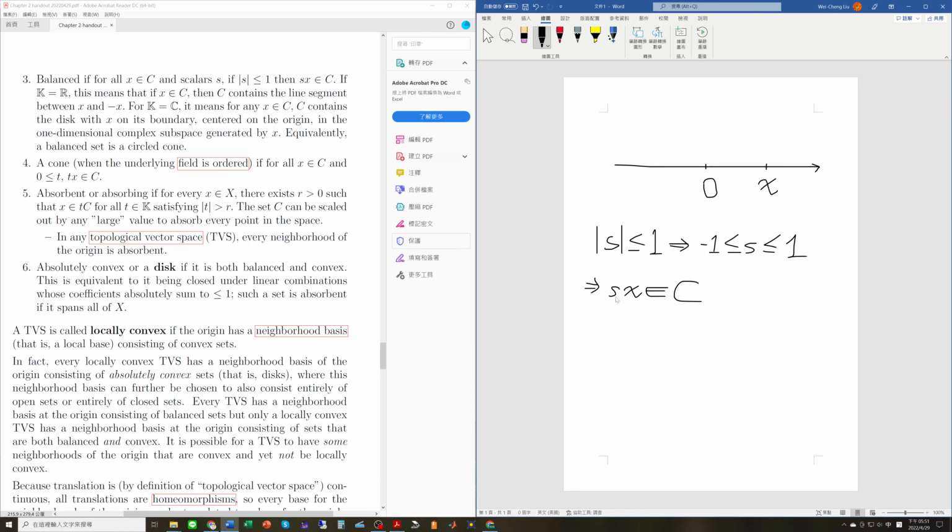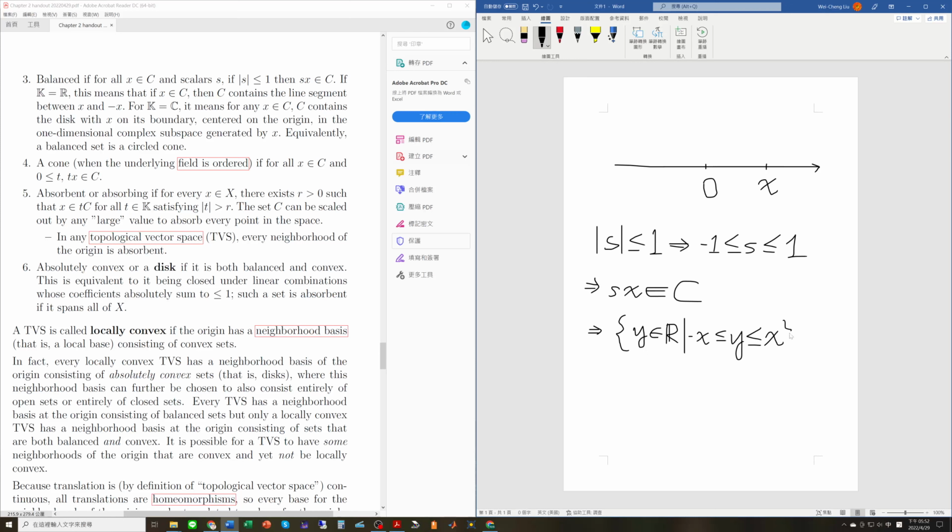Then what does S times X mean? It means the set of Y belonging to R, the set R, which contains all real numbers, such that minus x is smaller than or equal to y, and y is smaller than or equal to x.